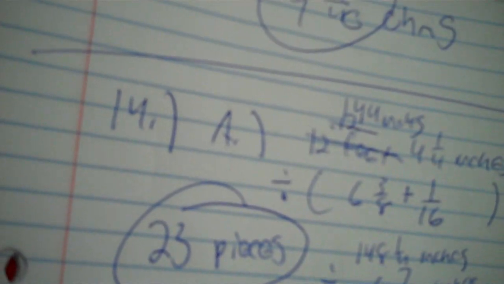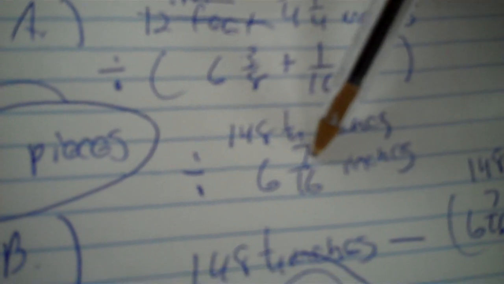So again, let me run through that again. How many pieces cut? Well, you're gonna have to divide, okay? So you take your beginning amount divided by what you're cutting, but remember to add that onto the cut, the waste. So then I need to convert the feet to inches and add the inches on, 148 1/4 divided by the sum of the piece and the waste, okay?